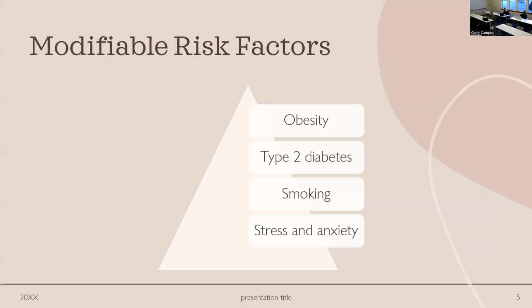A few modifiable risk factors. And when I say modifiable, that means that they can be changed. Obesity, so reduced lung expansion, increased pressure on the diaphragm, higher risk for sleep apnea. Smoking or type 2 diabetes. Smoking damages the alveoli, which causes poor gas exchange.